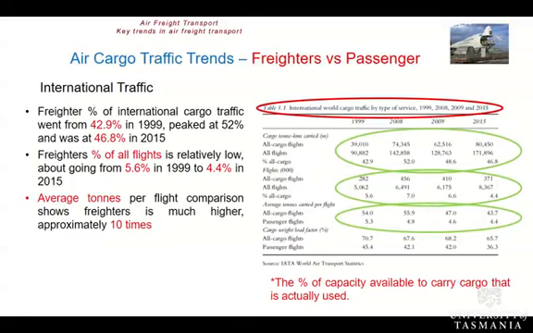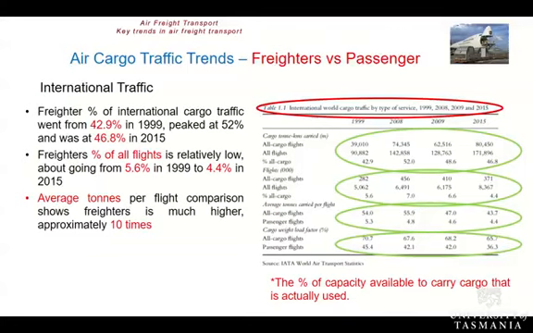So 10 times more cargo is carried on a freighter flight versus a passenger flight. And that multiplier effect enables all cargo flights to be carrying the vast amount of cargo that it does carry.